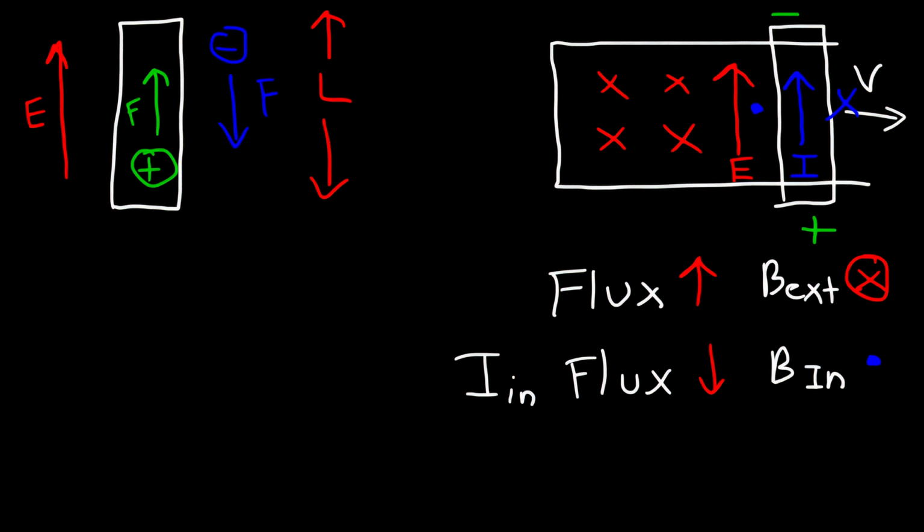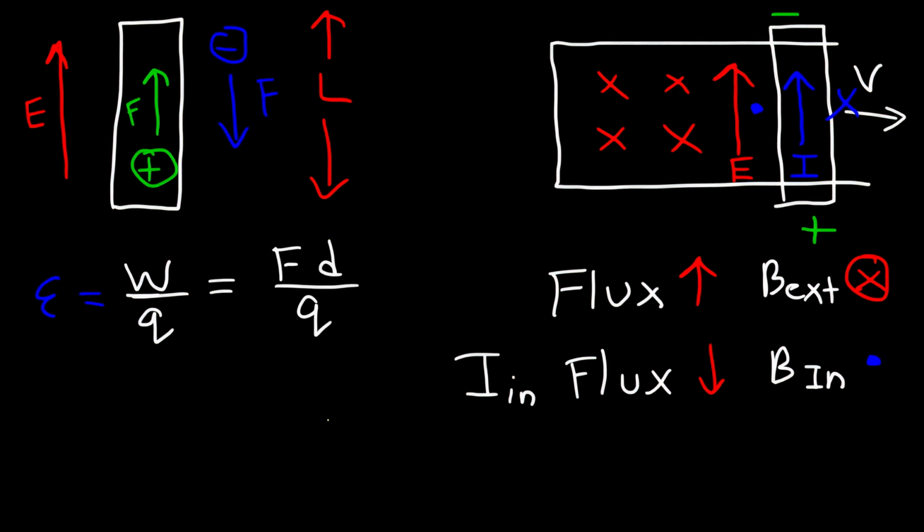So to calculate the induced EMF using another equation, we need to use energy. Induced EMF, or voltage, is basically the ratio between work and charge. 1 volt is 1 joule per coulomb. The unit of work is joules, the unit of charge is coulombs. Work is basically force times distance.